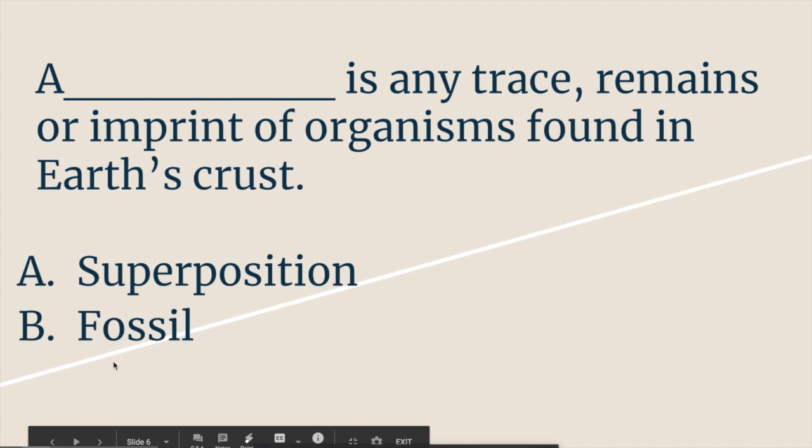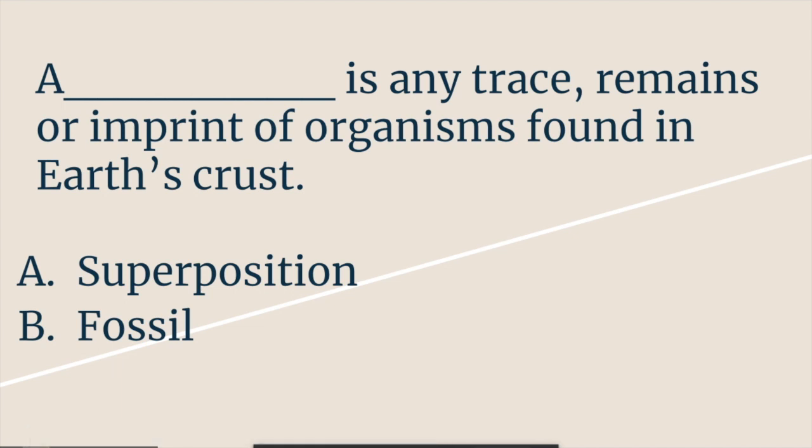Let's fill in the blank. A blank is any trace, remains, or imprint of organisms found in Earth's crust. What do you think fits the blank? You said fossil. That is correct.